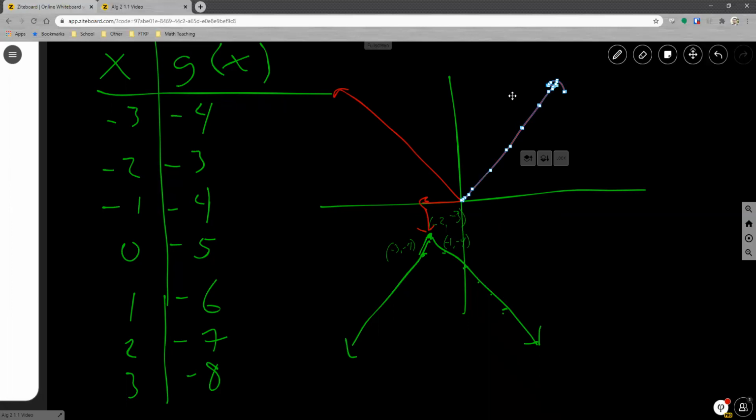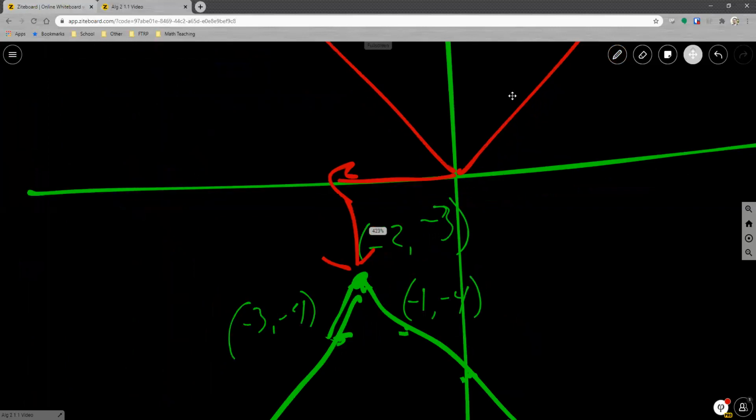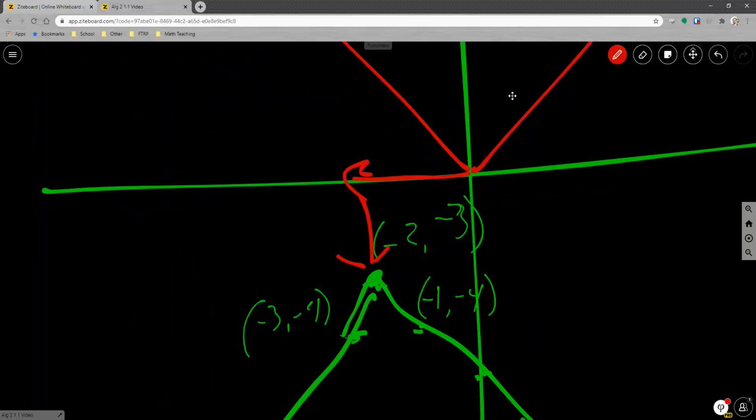Oh, that doesn't work very well. Never mind. It's like the whole graph has been moved to the left a certain amount of units. In this case, it looks like it's been moved to the left by 2 units, or moved -2 on the x-axis. It's been moved down 3 units, and it's been reflected over the x-axis.